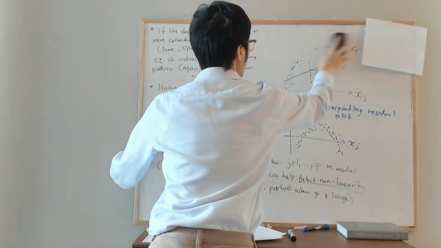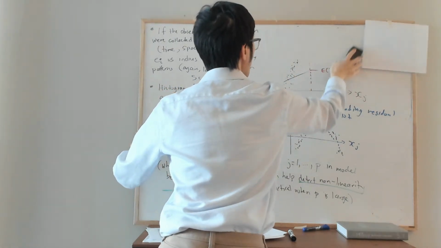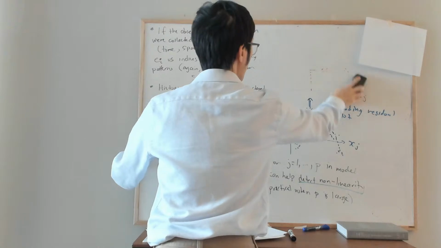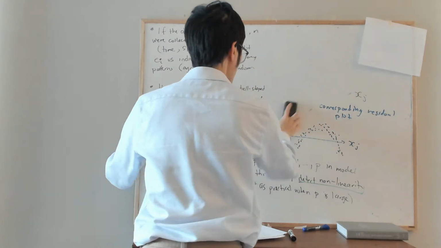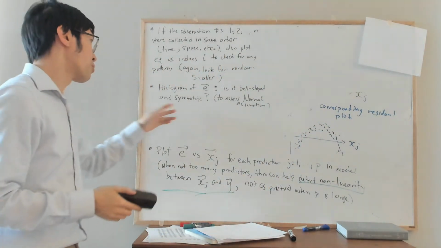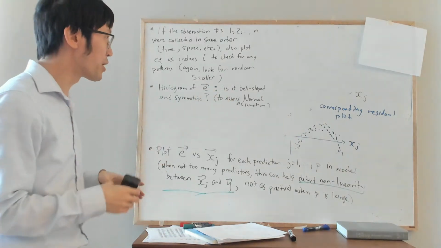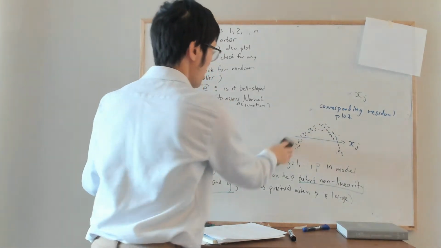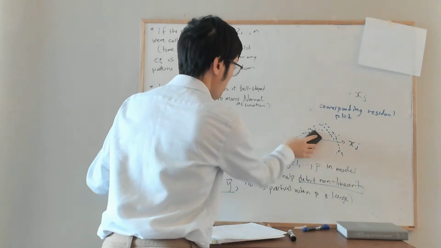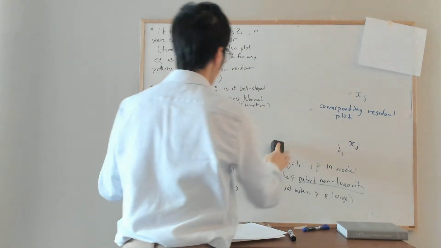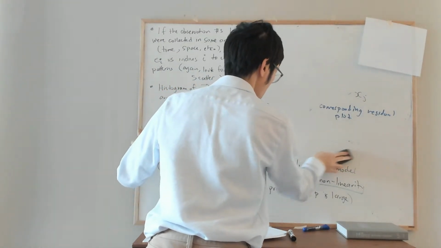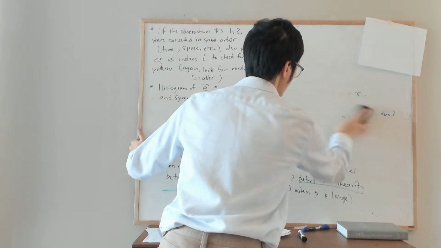But the histogram is really just a rough visual for that. Things can be roughly bell-shaped and symmetric but not necessarily normal. For example, you might have a fat-tailed or thin-tailed distribution, and it might not be obvious from the histogram.